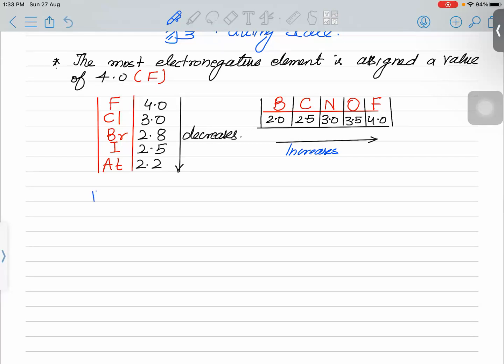Now, another idea. Find the difference of electronegativity of the bonded atoms. Let's suppose here we have 0, here we have 0.4, here we have 1.7.